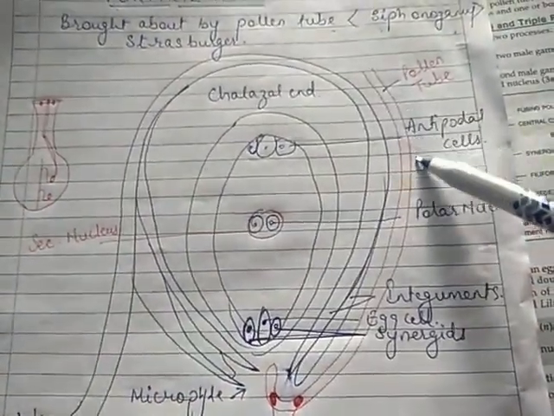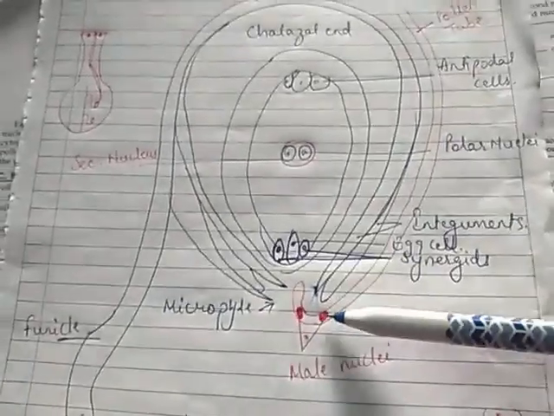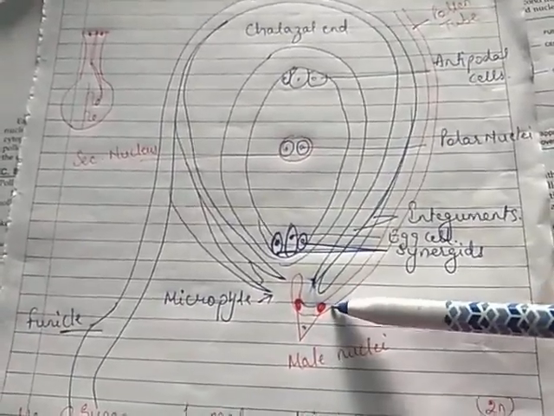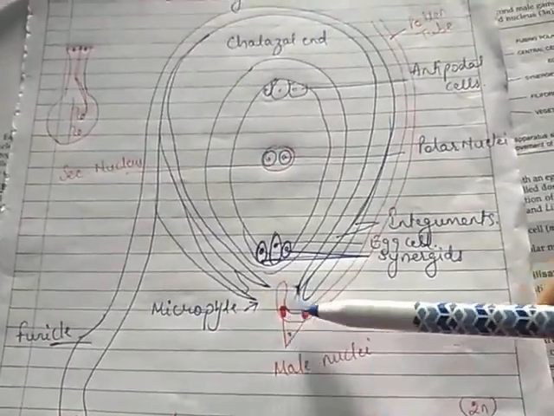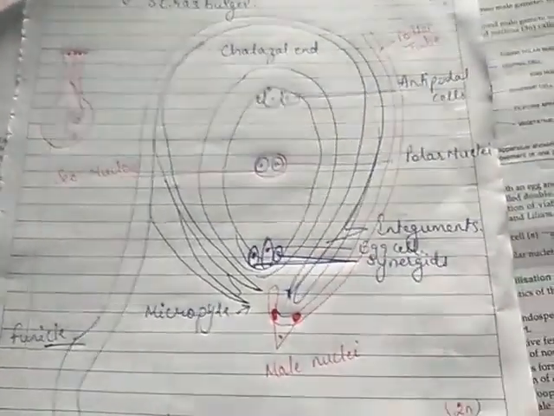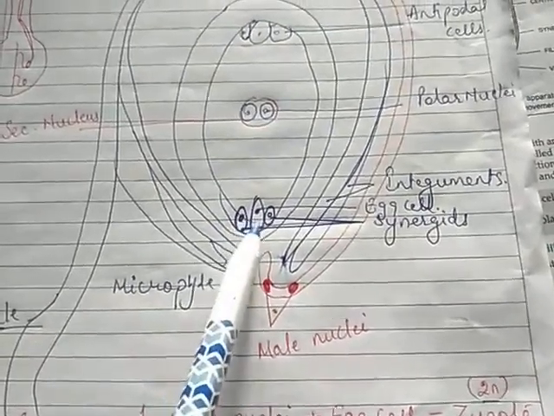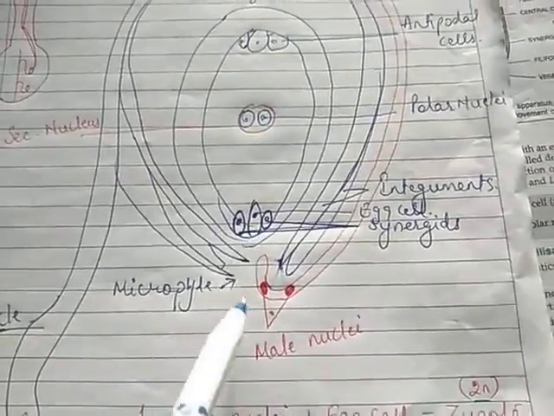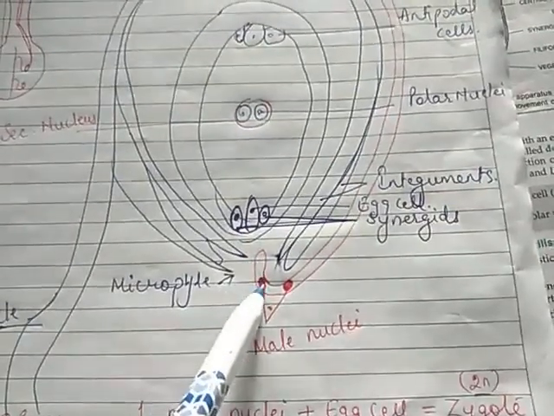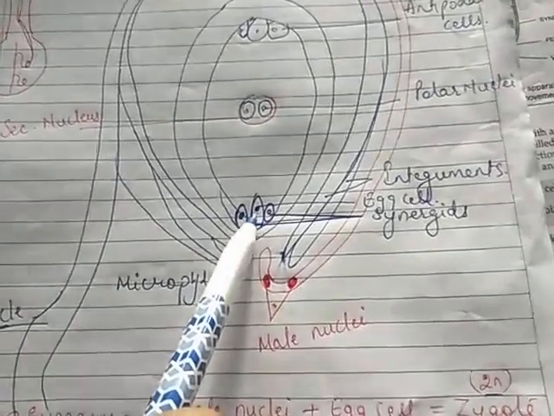This is the pollen tube which is coming inside the ovule carrying 2 male gametes or 2 male nuclei. Now when these 2 male nuclei enter, fertilization takes place. How? The first male nucleus will combine with this egg cell, and it will form zygote.